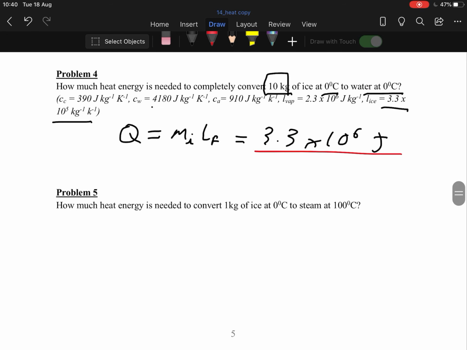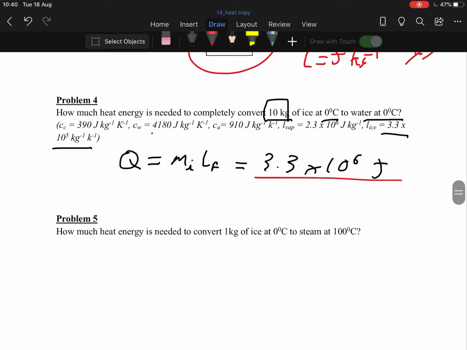All right. How much heat energy is needed to convert 1 kg of ice at 0 degrees to steam? There we go. Now, this is a little bit different. So, Q equals... So what's the first thing that's going to happen? Ice at 0, when we start adding heat to it, it's going to melt.